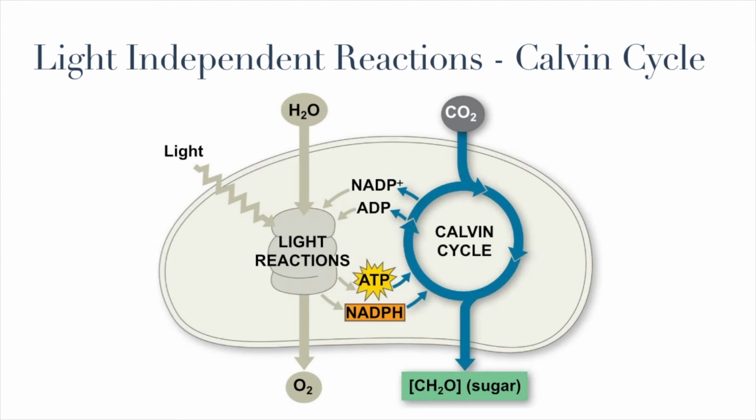Don't worry so much about what's happening to the individual molecules that are moving through and how many of them there are. Those are just details that are not necessarily something that you're going to be tested on, or that is a main idea of this lesson.